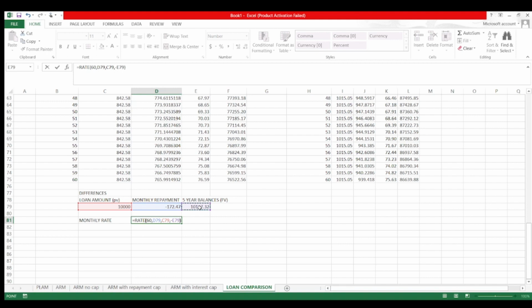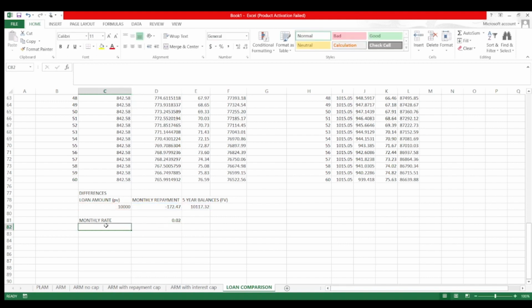And with that, we close the brackets, press enter. But what we need is the annual rate, which we get by multiplying this by 12, which you can see now is 20.83%.